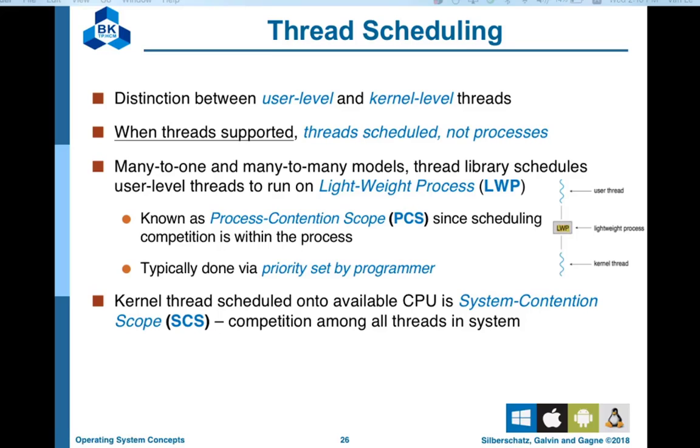The lightweight process is a data structure considered as a virtual processor. Each lightweight process is attached to a kernel thread, which the operating system schedules to run on a physical processor. If a kernel thread blocks, the lightweight process blocks as well.